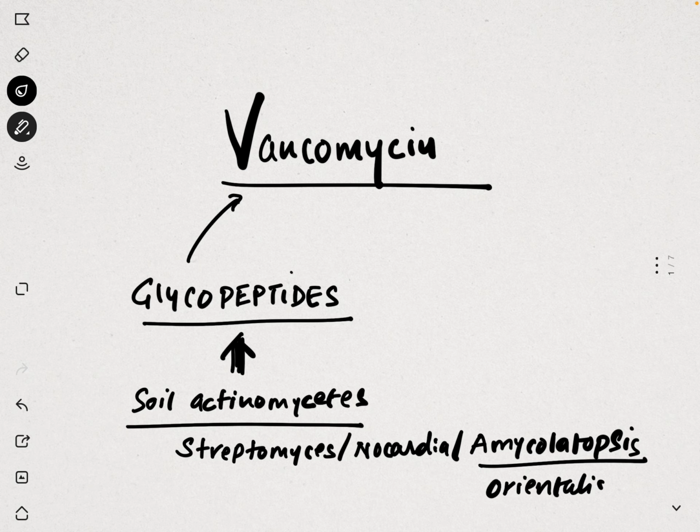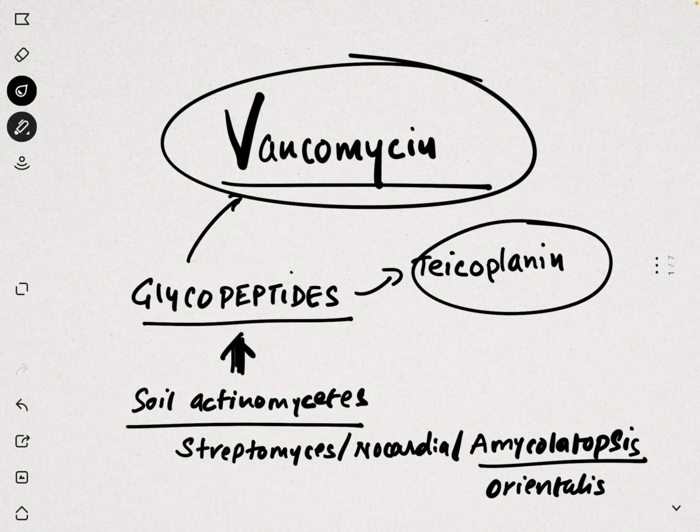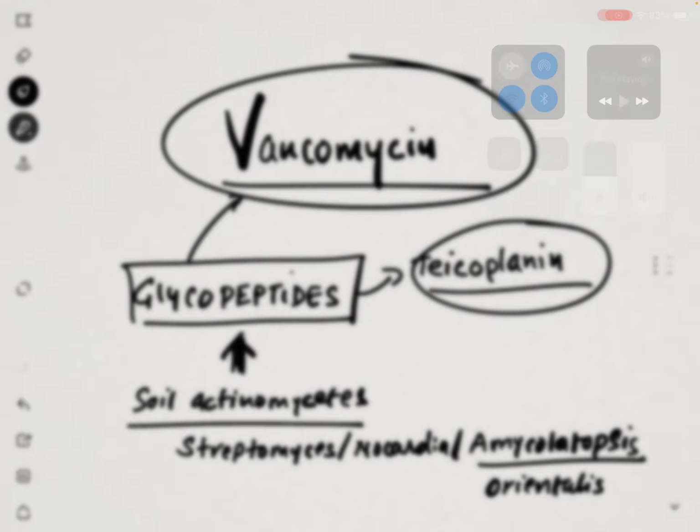So this is the source of the molecule vancomycin. And there is another glycopeptide known as teicoplanin, which is as important as vancomycin, and these two molecules belong to this class, glycopeptides.